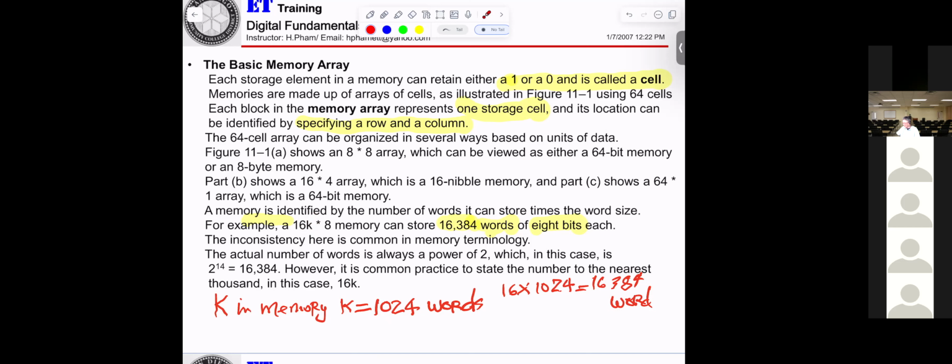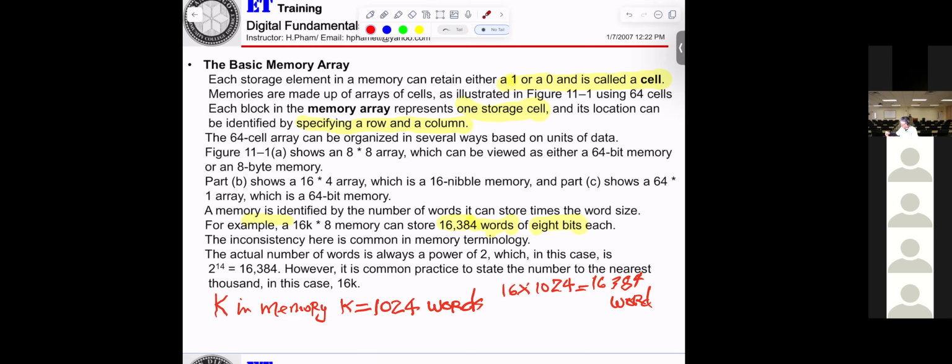Otherwise, later on, you get lost. The actual number of words is always a power of 2, which in this case is 2 to the power of 14, equal to 16,384. However, it's common practice to state the number to the nearest thousand.